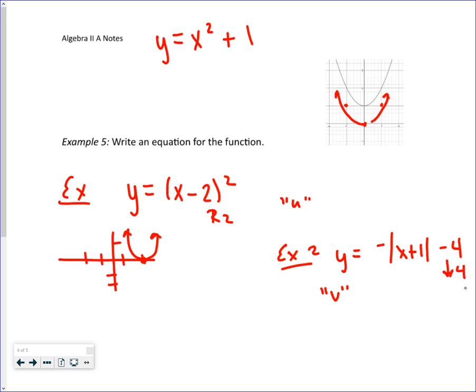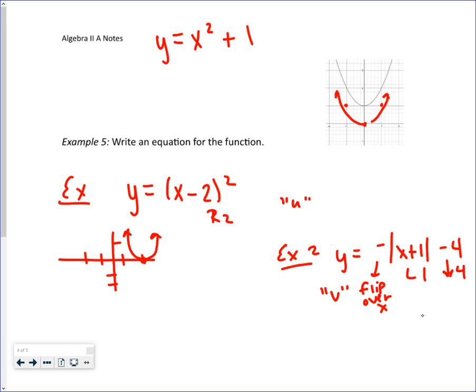Down 4. Up or down, whichever way it says. Where does the 1 move? Left 1. What's the negative outside the grouping symbols do? It flips it over what? The X or the Y? The X. It flips it over the X.